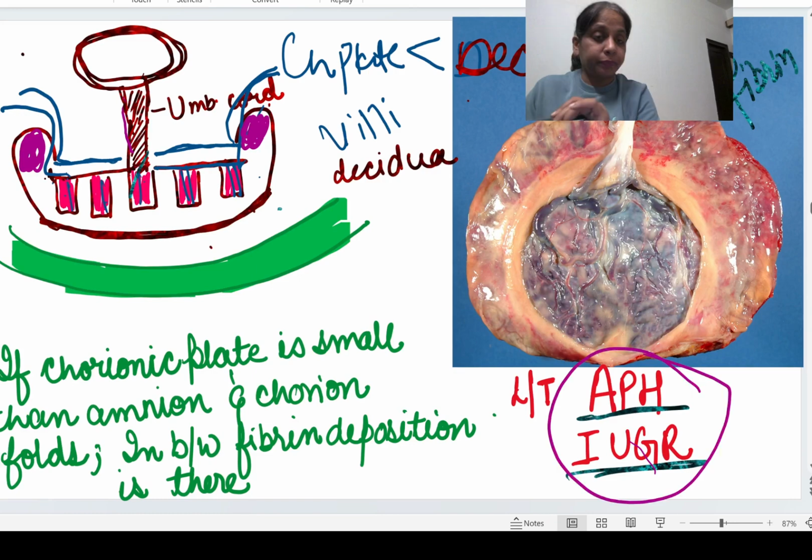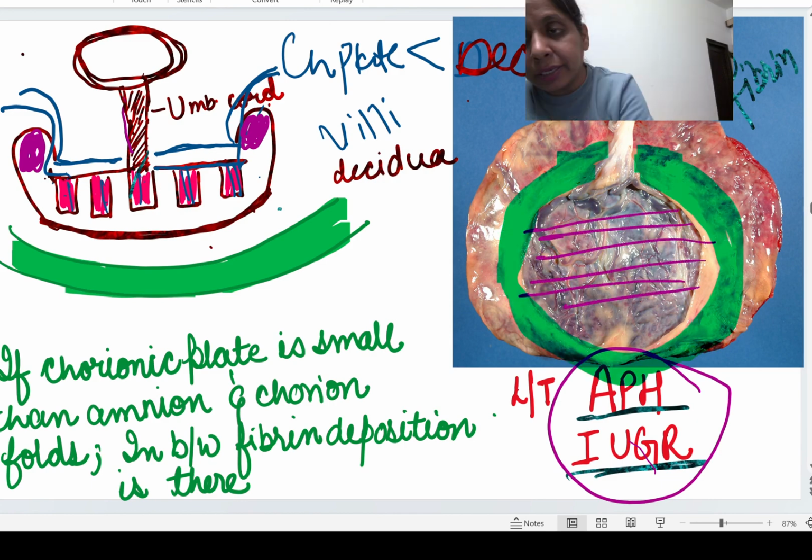As you can see here in the diagram, this is the chorionic plate. This is smaller, right? And this is your folded decidual plate. See, it is folding, right? In the same way I told you, it is getting folded.